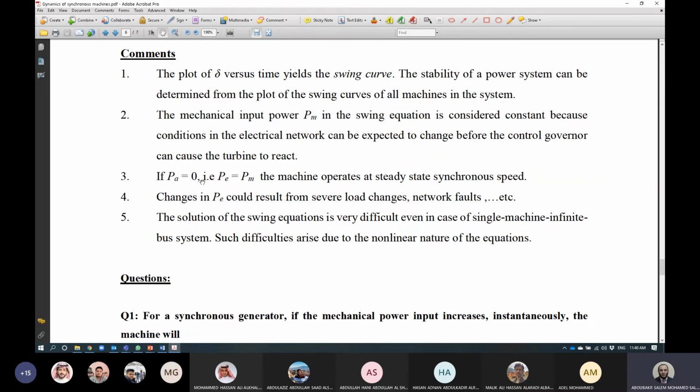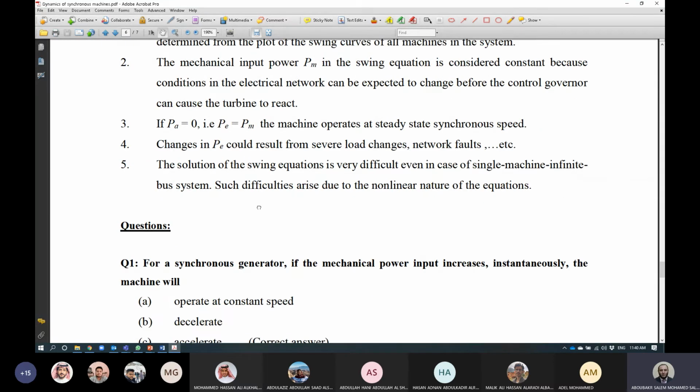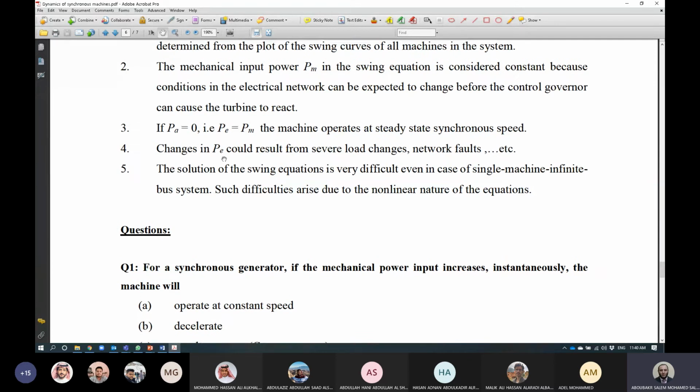Also, if Pa is 0, this means Pa, which is the acceleration power, it means Pe equals Pm, and the machine operates at steady state. Of course, we discussed this before. These are some notes. Also, changes in Pe could result from severe load changes, like faults. Like a huge load turned on or turned off, and so on.